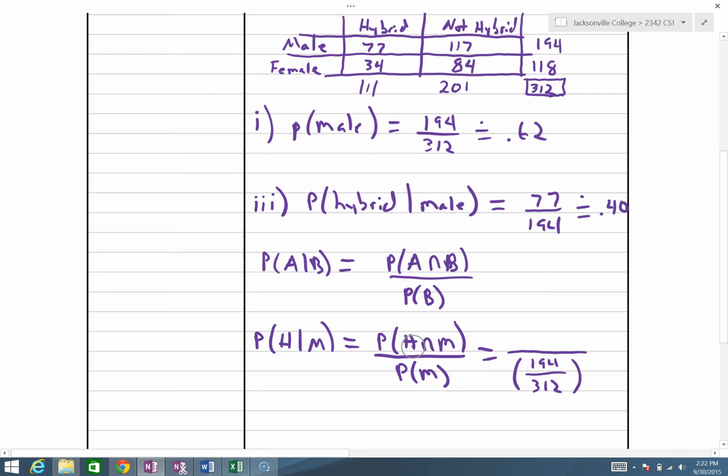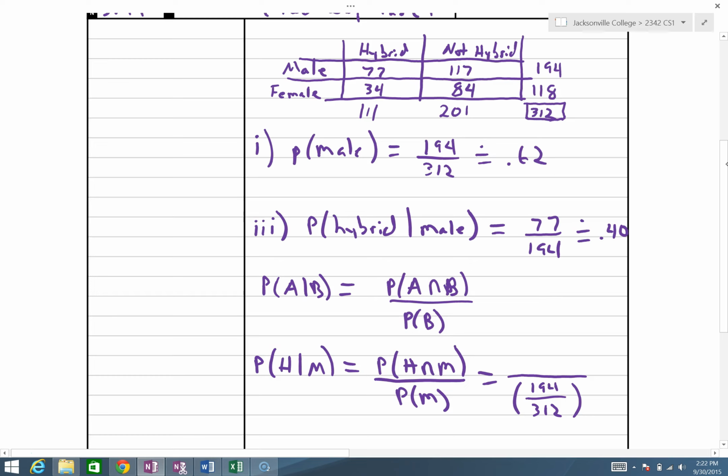What's the probability of hybrid and male? Well, we call this the intersection. If you look at where hybrid and male intersect, that's 77. So 77 out of my total 312. Hybrid intersect male is 77 over 312.